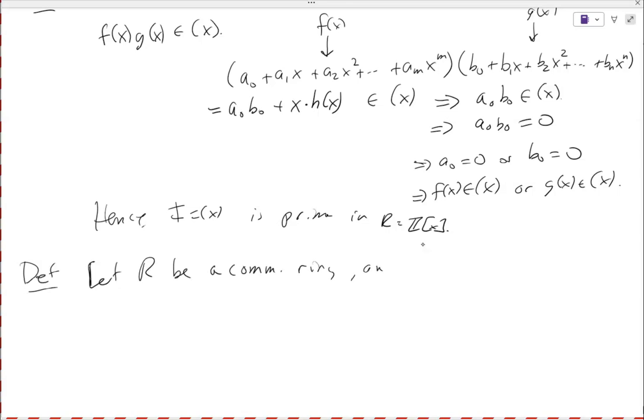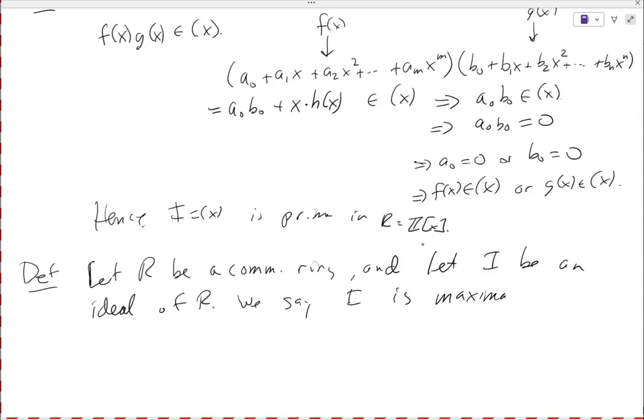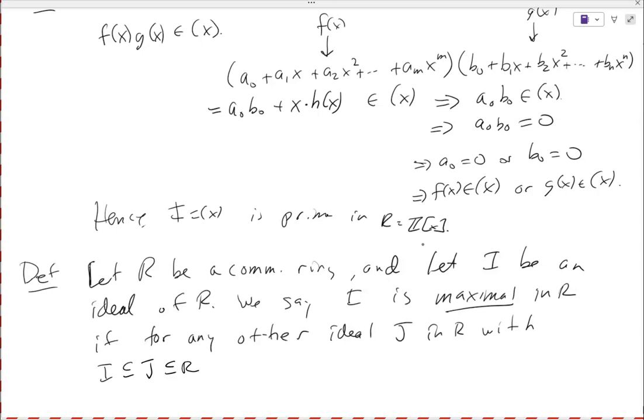And let I be an ideal of R. We say I is maximal in R if, for any other ideal J in R with J between I and R as a subset, we have I equals J or J equals R.